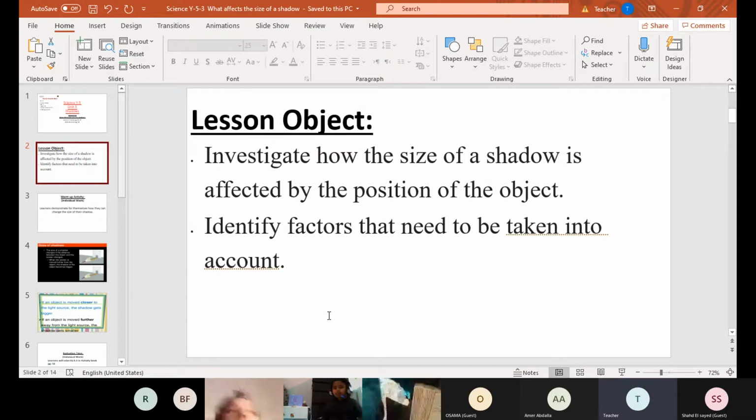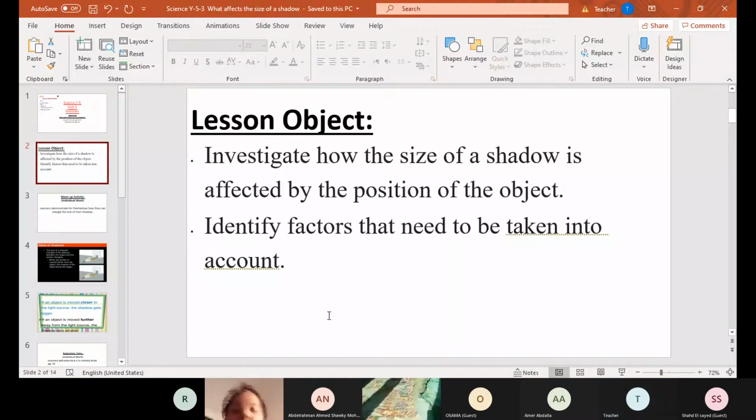Miss, I tried. It's bigger when you are near to the light. When I go near to the light, I can see my shadow increasing. When I go away, it's decreasing.